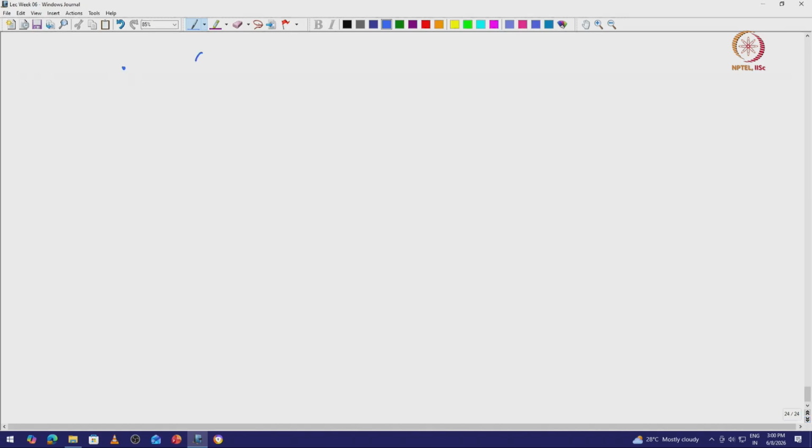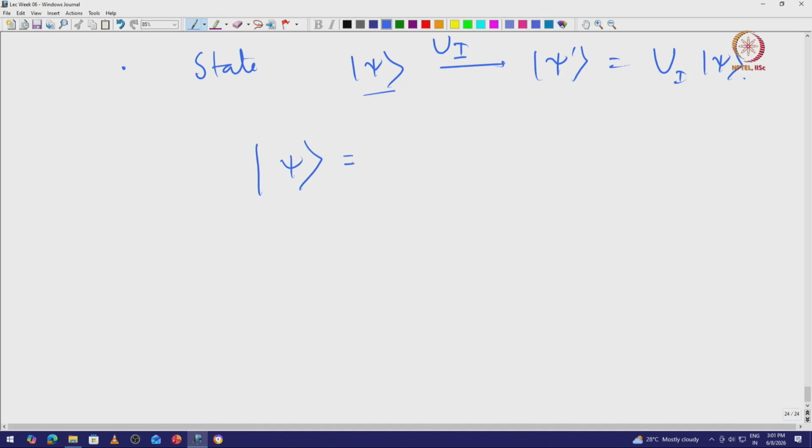The state, how that should change under inversion, or rather what is the corresponding unitary operator for the inversion. So this sort of notation tells you that it is an abstract state, it does not have any space time. But if you write it in some representation, so let us do it in position.